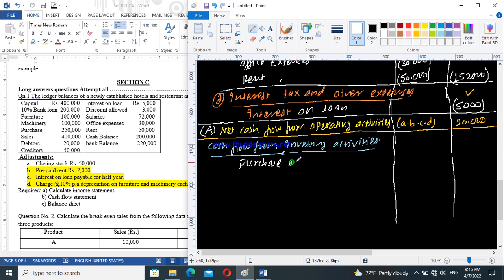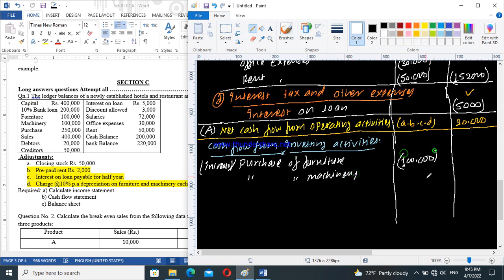It means that you can write increases. Increases indicate the purchase of fixed assets, therefore you can write over here 1 lakh. And next one, purchase of machinery.